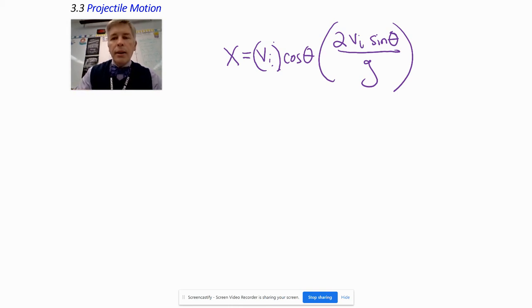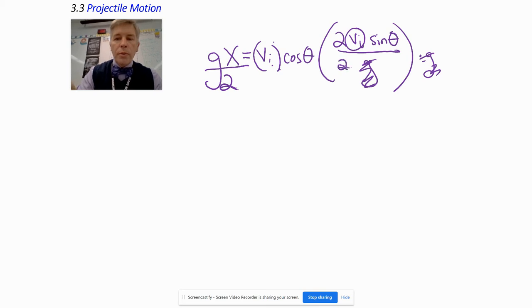If I do that, I notice I have a VI here and a VI here, so I multiply them together, I get a VI squared. And I'm going to slowly kind of bring stuff over. So let's bring this g over first. So let's multiply by g. I'm going to write that as gx by g. I'm going to bring this 2 over, so let's divide by a 2.